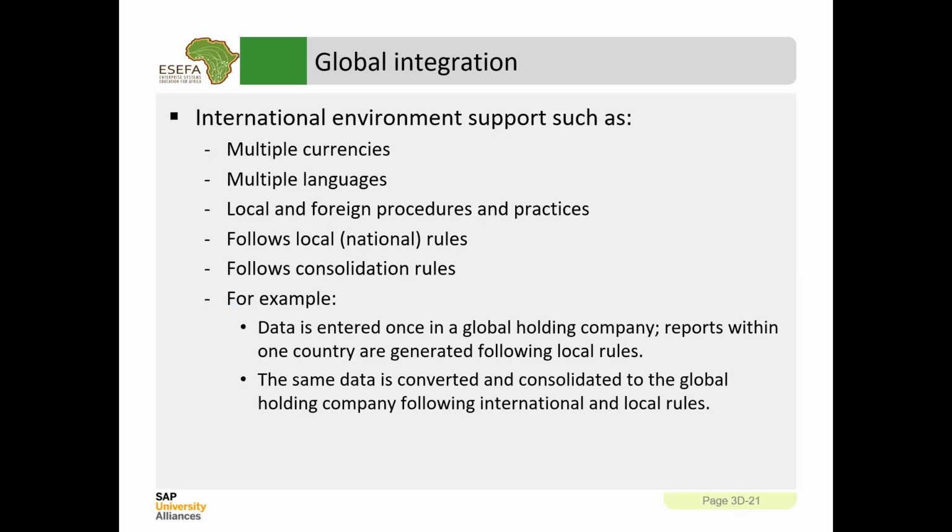Now, global integration. Every business is bound by local laws and foreign laws in terms of global. So a business that operates in the global market is bound by global market laws. Also, a business that is operating in the local market is also bound by the local laws.